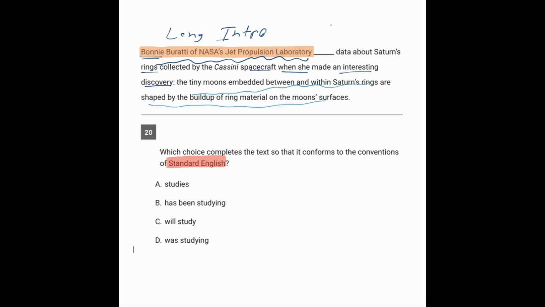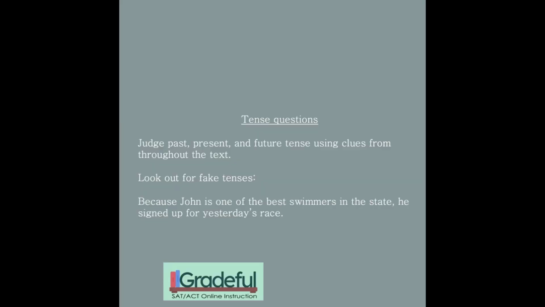And let's look at the tense in this sentence. The tense that I'm seeing is she made a discovery. Now, when it comes to tense, what you want to do is use clues from throughout the text. In other words, there may be a moment where one part of the text is different. Another way to say this is look out for fake tenses.